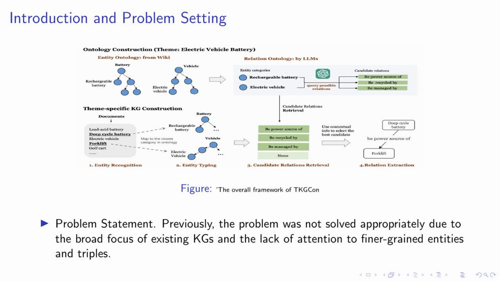Then, we retrieve candidate relations based on the entity categories. Finally, we use contextual information to decide the relation between these two entity mentions. This approach allows us to create more detailed, theme-specific knowledge graphs that focus on narrower themes and contain finer-grained entities and triples.